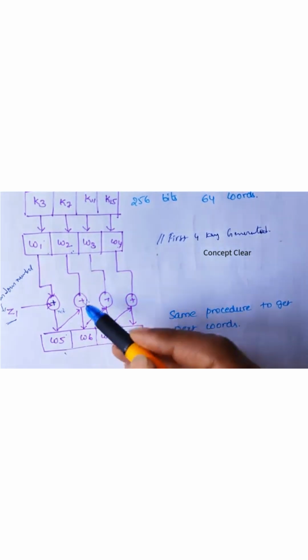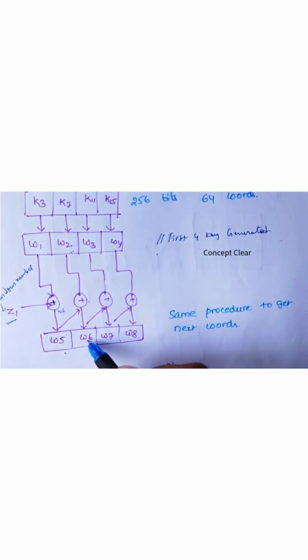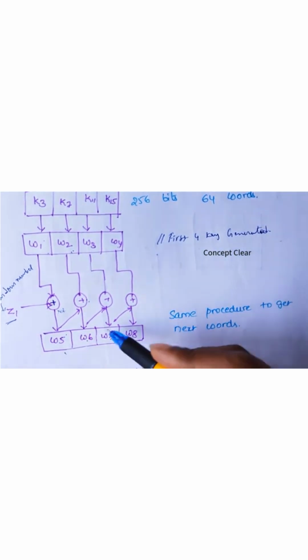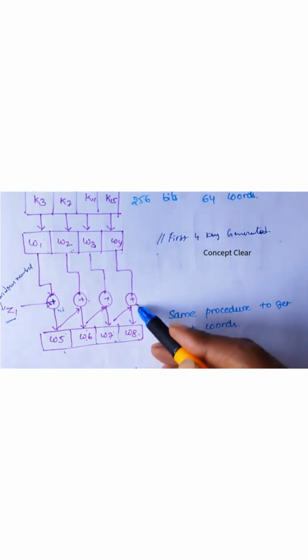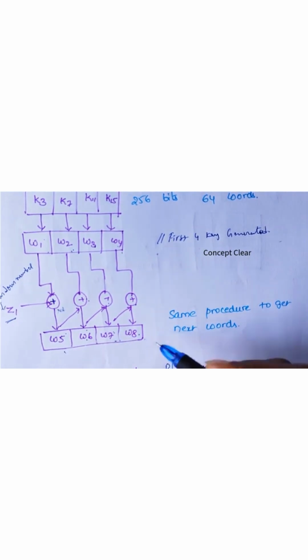To get the next key, I take W2 and perform XOR operation with W5. Then we will generate W6. Again, to generate W7, you take W6 XOR with W3. Then we generate W7. To generate W8, we take W4 XOR with W7, and we generate W8.